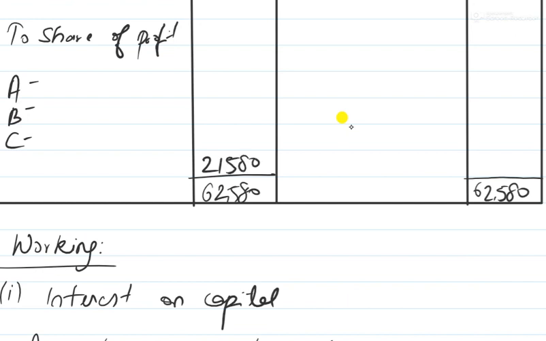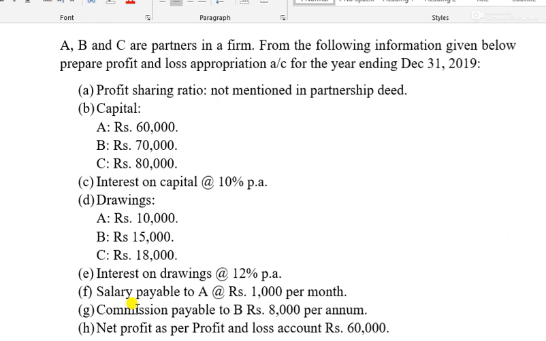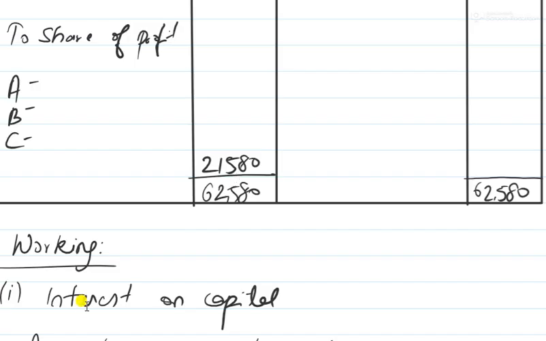So we write 21,580 over here. In the problem, the first point says profit sharing ratio not mentioned in the partnership deed. If the profit sharing ratio is not mentioned in the partnership deed, what is the provision for that? The profit is to be divided equally among all the partners.